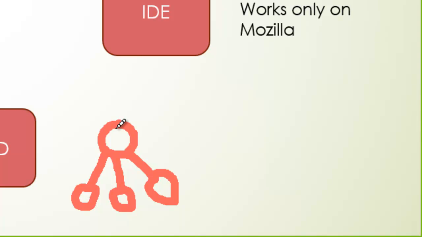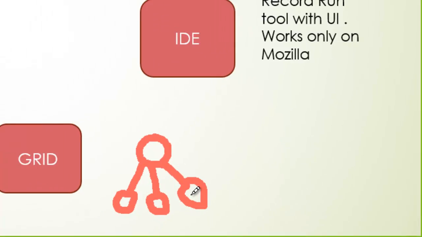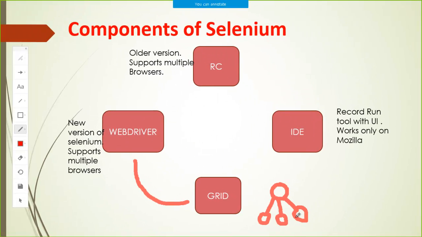The WebDriver script is kept on this central machine known as the hub, and the hub controls the execution of the test cases on various other machines which are known as the nodes. So basically grid helps you with the parallel execution of your test cases.